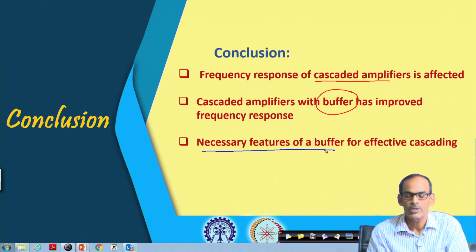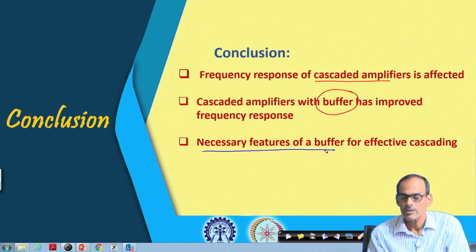We also talked about the necessary features of the buffer, particularly for a voltage mode buffer. Input resistance should be as high as possible, input capacitance should be as small as possible, and output resistance should be as small as possible, and the complementary things are required for a current mode amplifier. In case you have a transconductance or transimpedance amplifier, you yourself can now find what kind of features are necessary for the corresponding buffer.